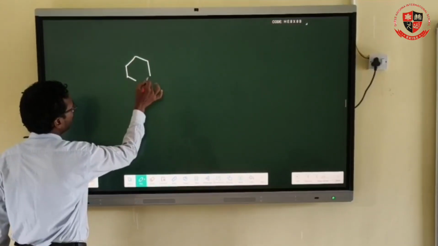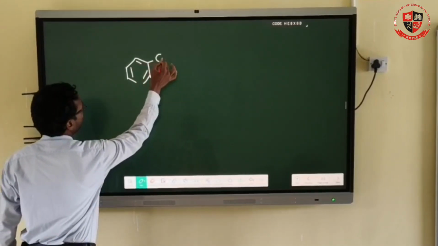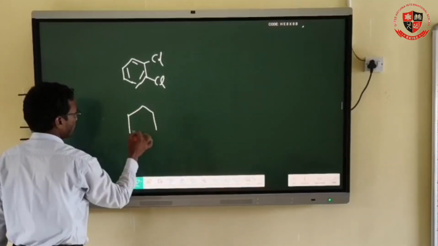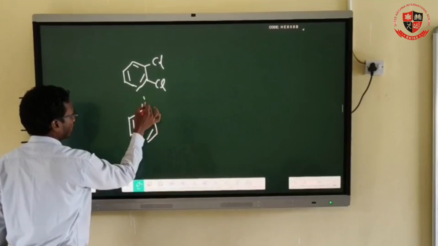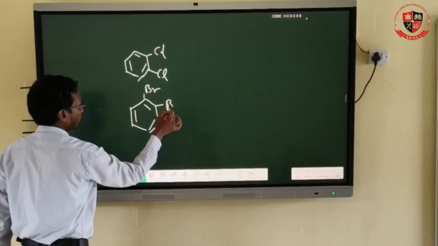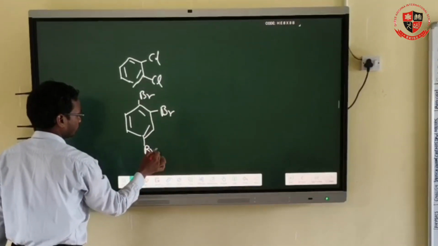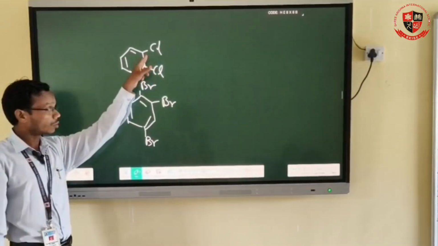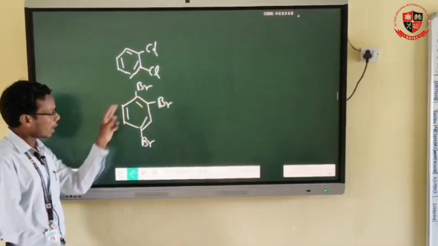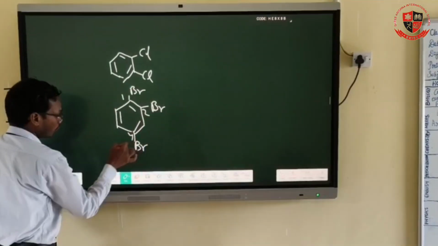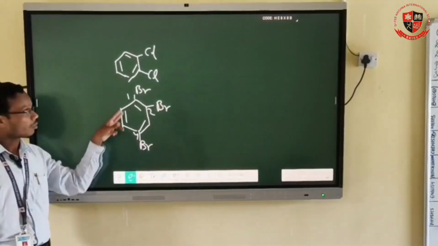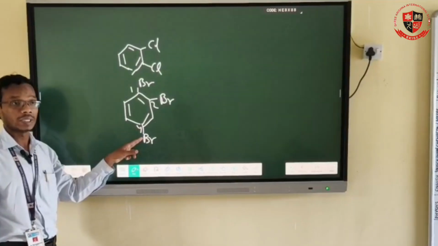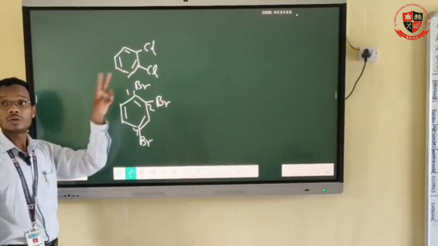Monohaloarene, this is, and another one is dihaloarene. This is Cl and this is Cl. This one is bromine, again bromine and bromine. The name of this compound is 1,2-dichlorobenzene. This is 1,2,4-tribromobenzene. In the first compound there are two halogens.